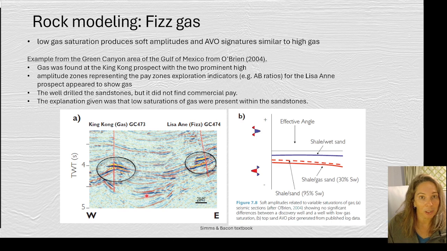If I wasn't pointing this out, you would probably look at these and say, yeah, they look really similar. We should drill it. And that's what they did. But they didn't find commercial pay. Rather, they found fizz gas or undersaturated gas, and so it wasn't an economic find. I think the latest thought is that the fault that was near that probably allowed the gas to migrate on upwards.